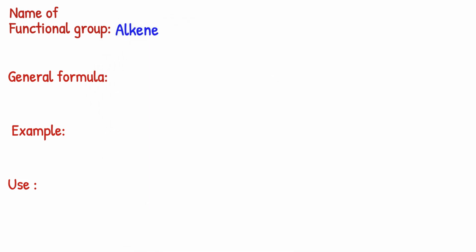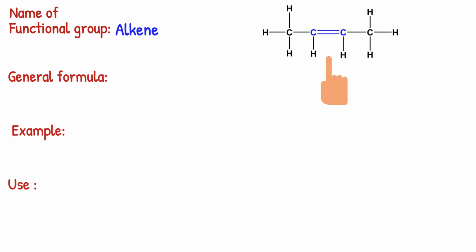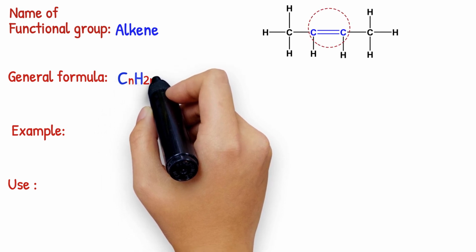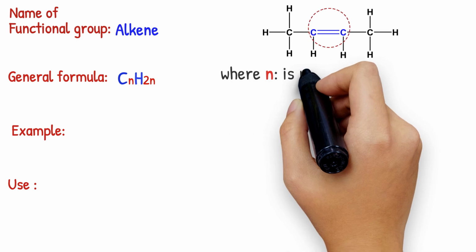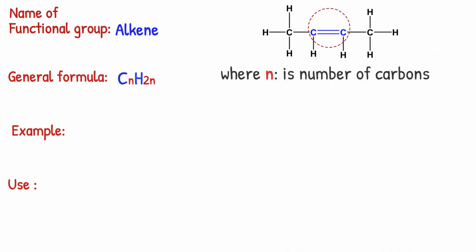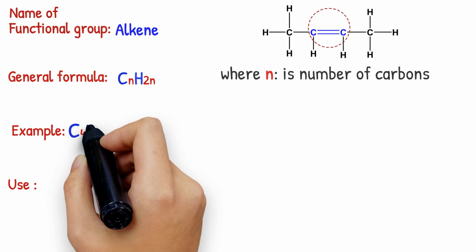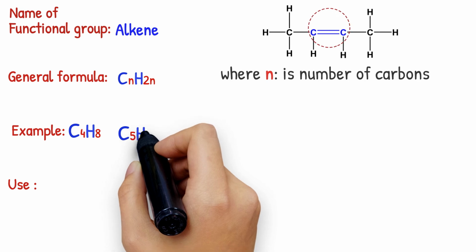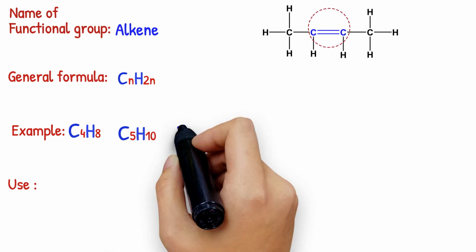Alkenes functional group. Consider the following example. This is an alkene. In this example, there is a double bond between carbon-carbon bond. The general formula of alkene is CnH2n, where n is number of carbons. For example, alkene with 4 carbons will have 8 hydrogens. Alkene with 5 carbons will have 10 hydrogens.